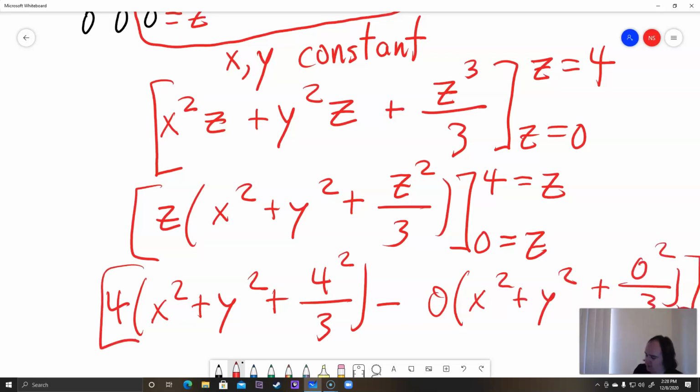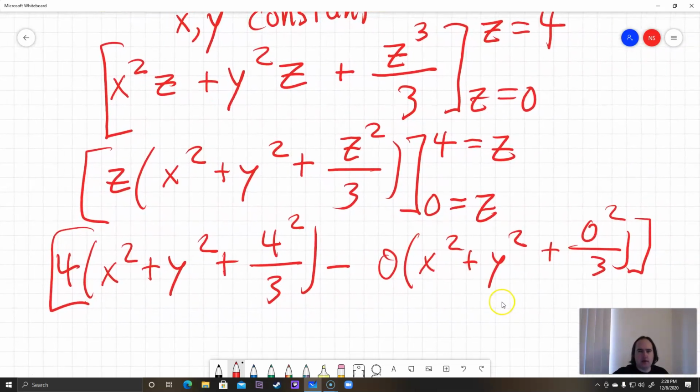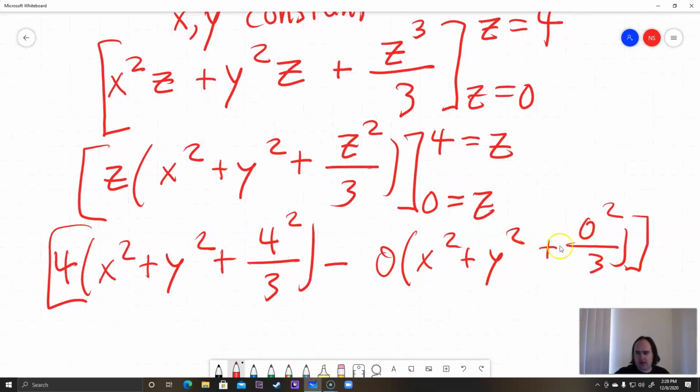But for this second term, because it's multiplied times 0, this whole thing is going to be 0, because 0 times any other number is just 0. So really all we have to simplify is this over here.